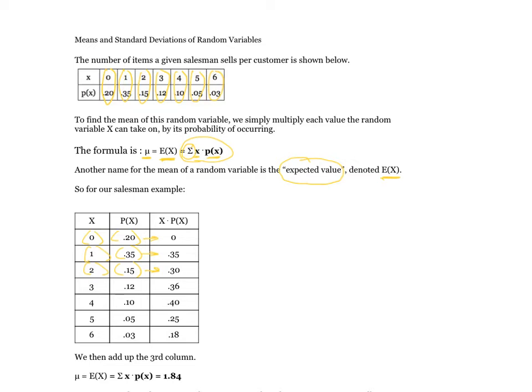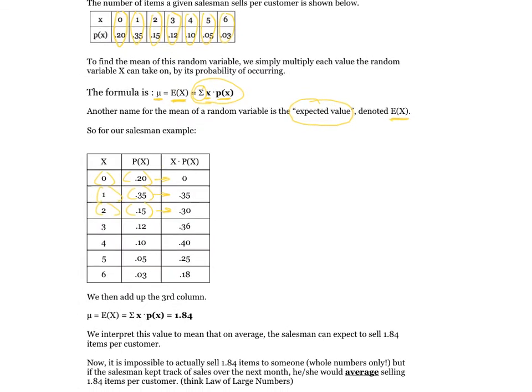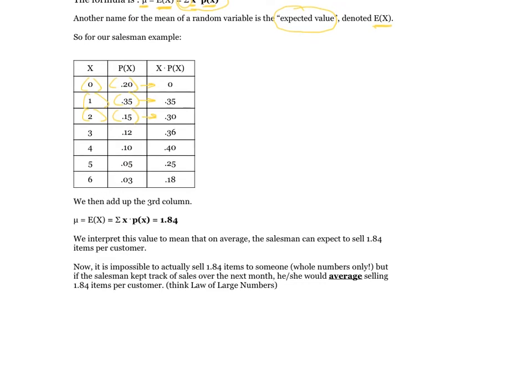So 0 times 0.2 is 0, 1 times 0.35 is 0.35, 2 times 0.15 is 0.30, and we just keep multiplying those pairs together. Then with this last column, we simply add those together, and that becomes our expected value. So the mean or expected value is 1.84.